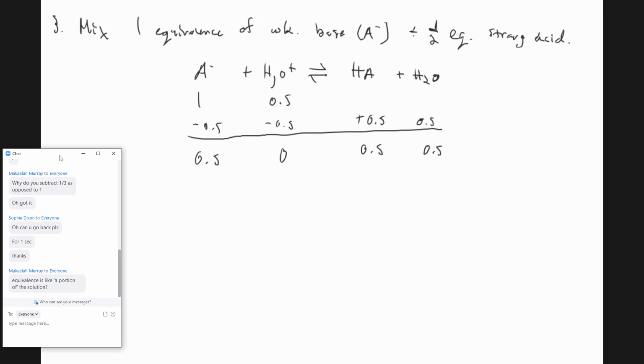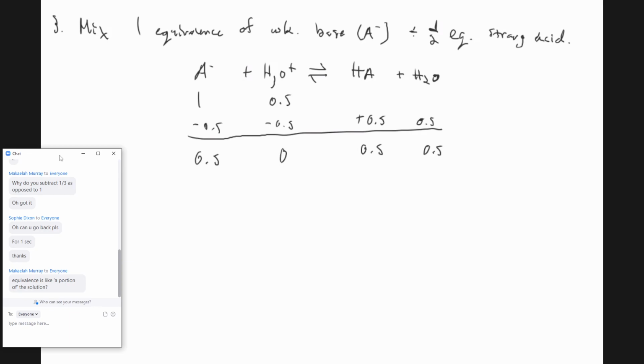Equivalence is just, think of it as equal equivalent amount ratios with the other thing. So if I'm adding what I call one equivalence, it could be 1 mole versus half a mole. It could be 2 moles versus 1 mole, right? As long as it's a 1-to-2 or 2-to-1 ratio of your weak acid or weak base to strong acid relationship.